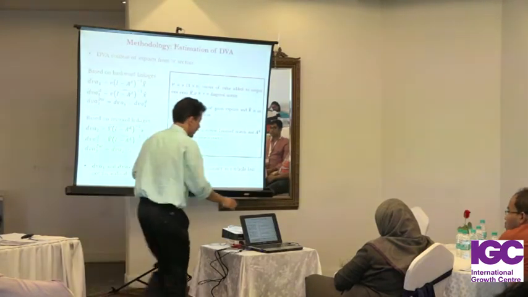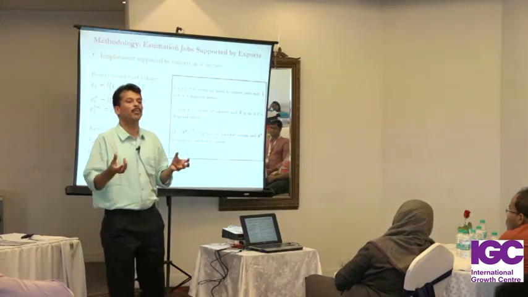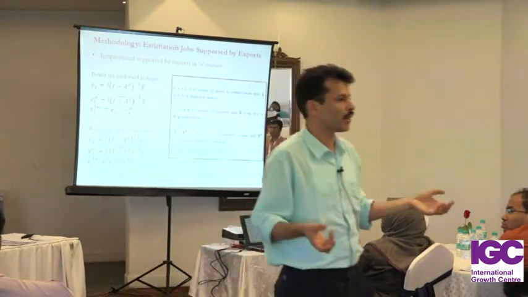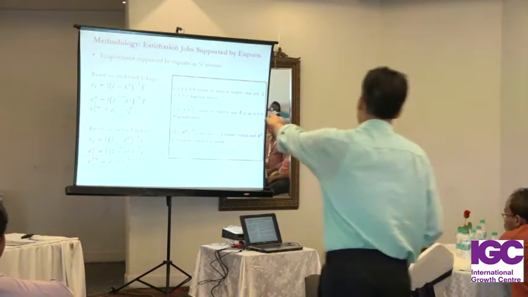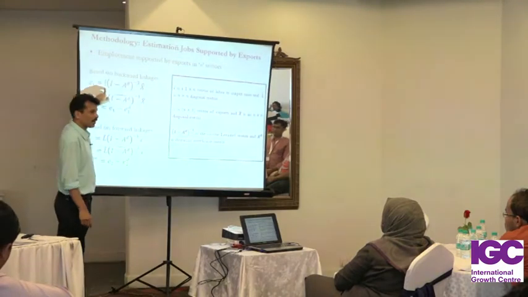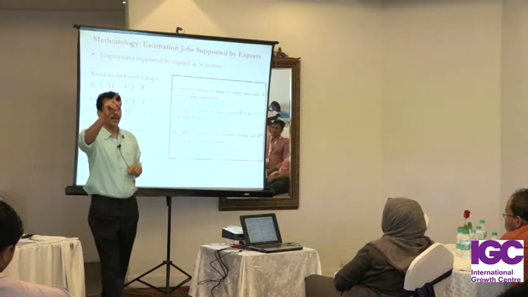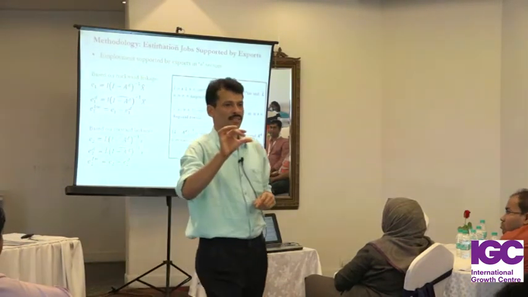In the same way, now this is about domestic value addition, you can also estimate employment, how many jobs are created through backward and forward linkage, basically the same approach. The only difference is that instead of the small v that we used there, now we have a small l. Now, what is small l? Small l is employment divided by output for different sectors.